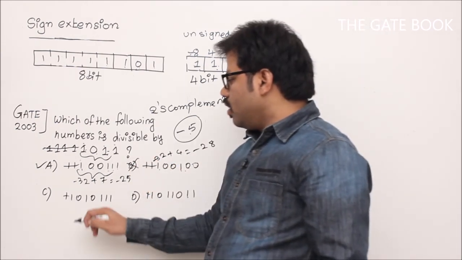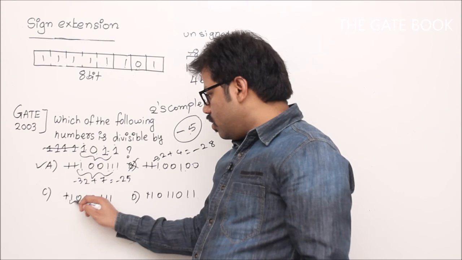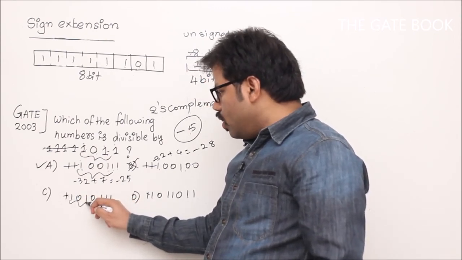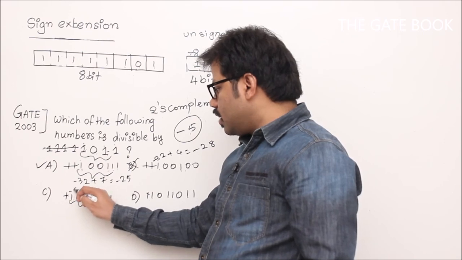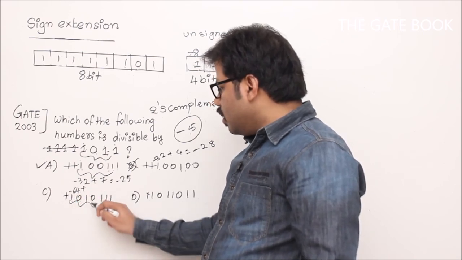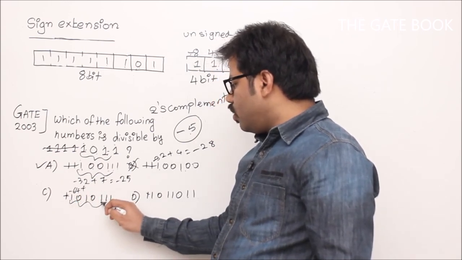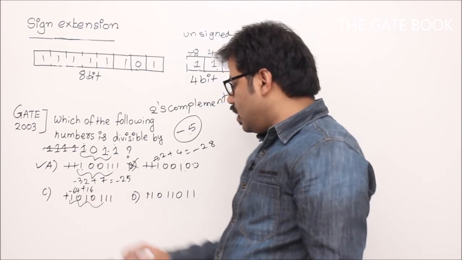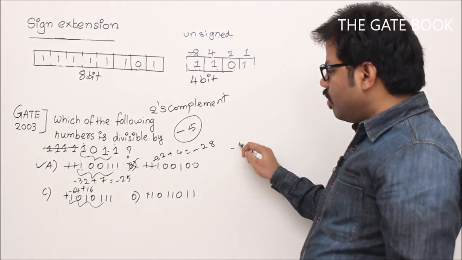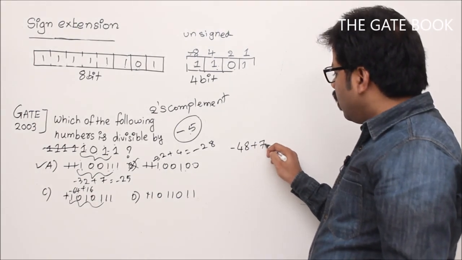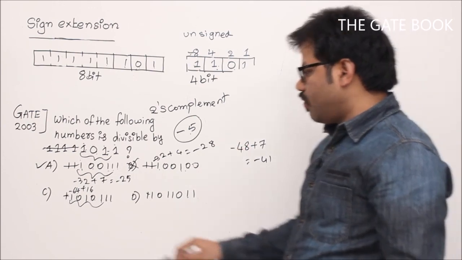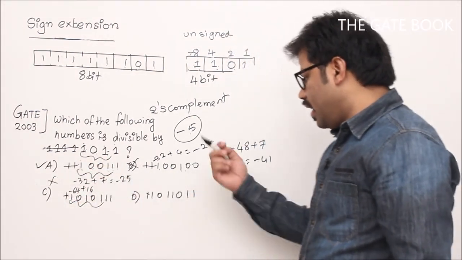Now, if I cancel the first one, for the remaining one: 2 power 0 through 2 power 6, minus 64 plus this one. What is the weightage of this one? 0, 1, 2, 3, 4. So 16, minus 64 plus 16, minus 48, minus 48 plus 7, minus 41, which is not divisible by minus 5. We can cancel it. Of course, A is already the answer.